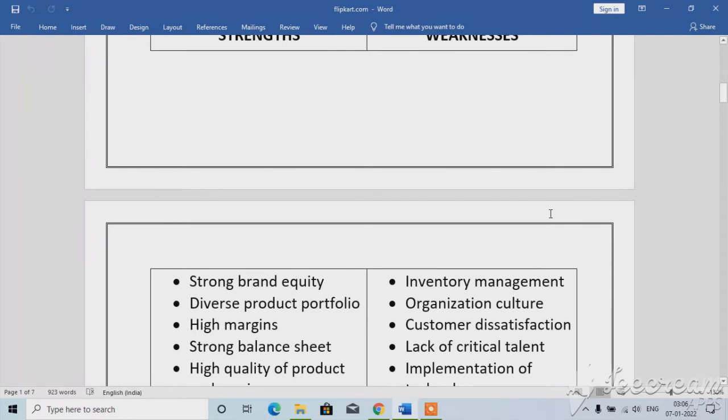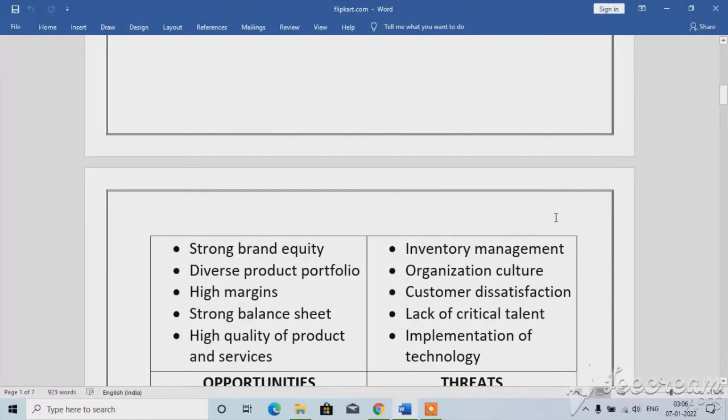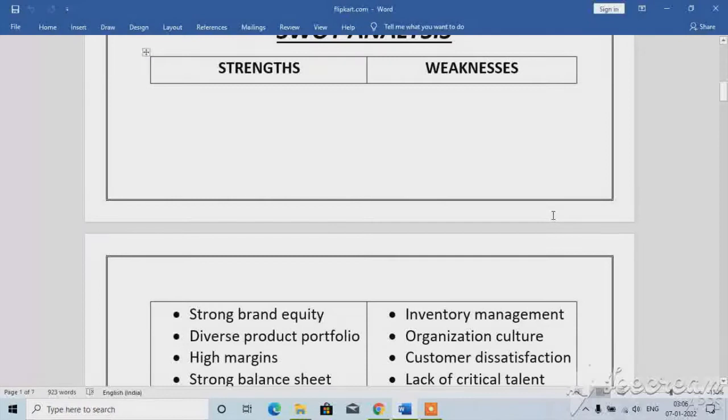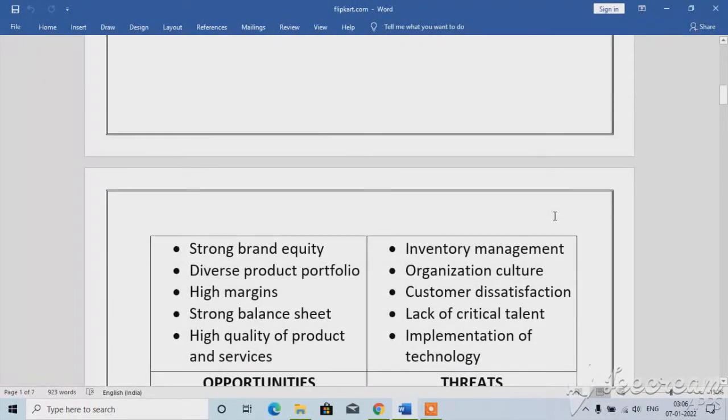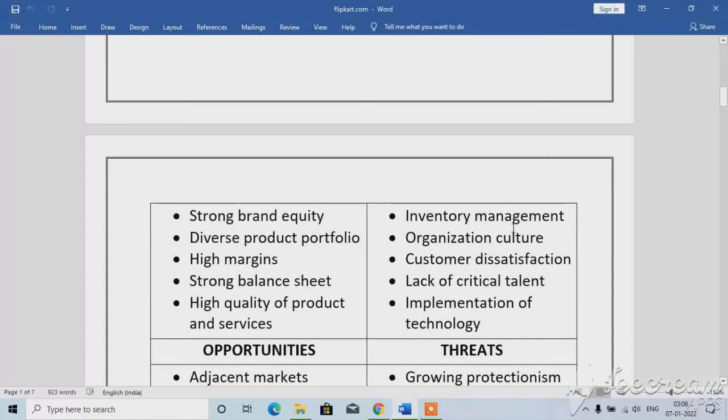Third, high margins, strong balance sheet, and also high quality of products and services. And the weaknesses: first, inventory management. Second, organization culture and customer dissatisfaction and lack of critical talent. And the last is implementation of technology.